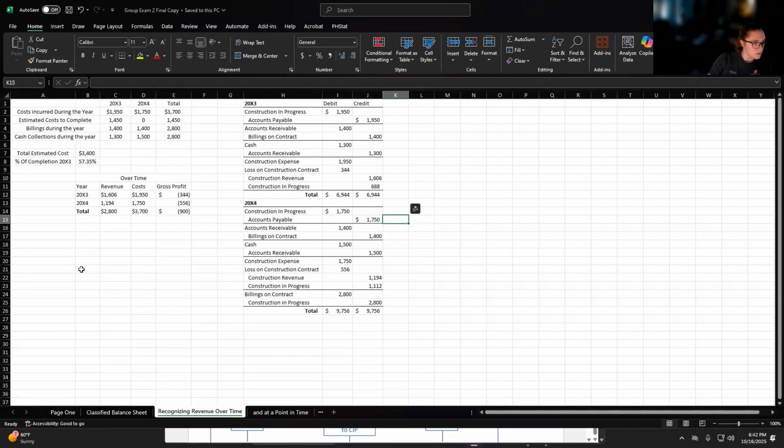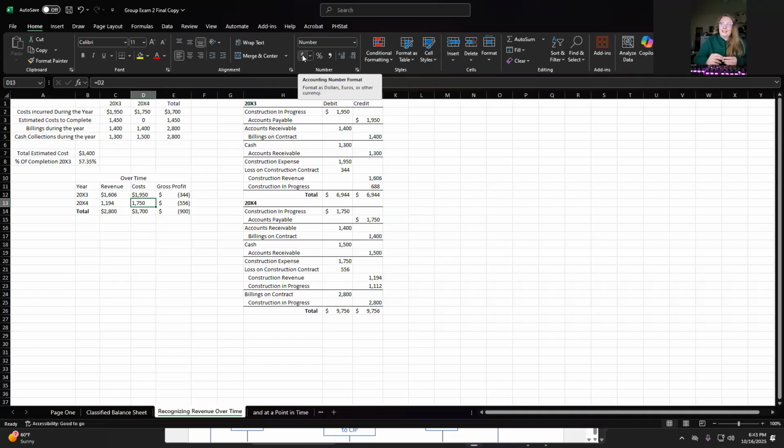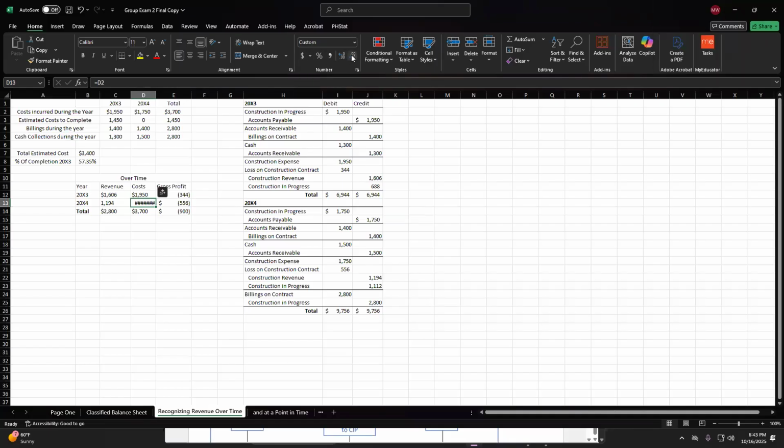Everything else look good? If you want to add a dollar sign to the 2024 gross profit, you probably could. And I guess those three don't have dollar signs. I didn't know if I should. I did the top one and the bottom, the total. I didn't know exactly how to format that one. Yeah, I'm not really sure either.